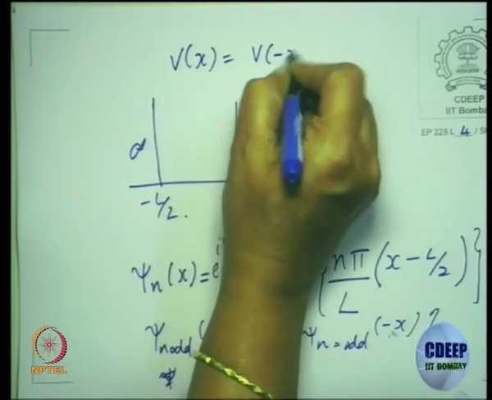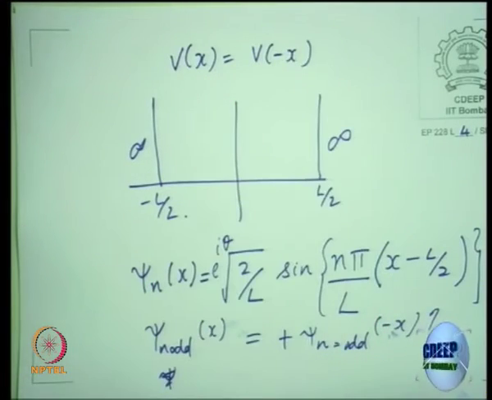But this is the trend, that when you do the double delta potential, I want you to keep this in mind. Both the solutions are allowed. You can have odd solutions as well as even solutions because of V of x being equal to V of minus x.